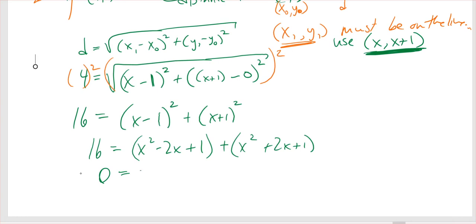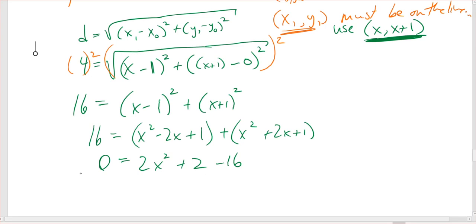So we have x squared plus x squared, negative 2x plus 2x, so those terms cancel out. That's good. We have 1 plus 1, so we have plus 2, and then minus 16. Can't forget about that. Okay, so now we have 0 equals 2x squared minus 14. And good.